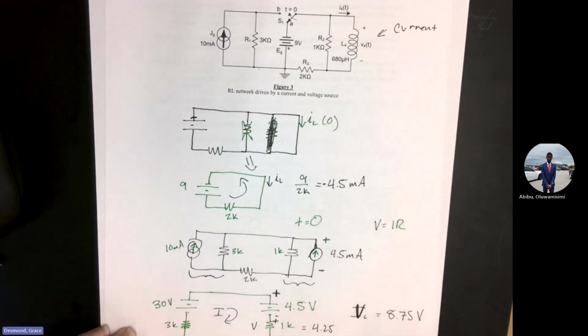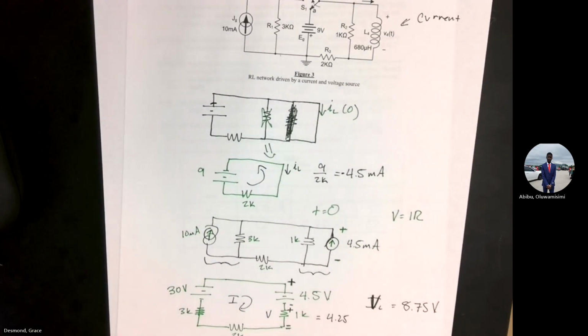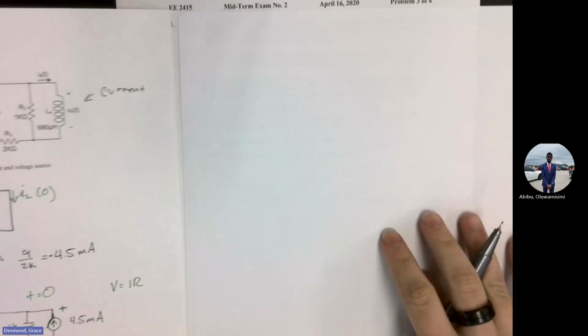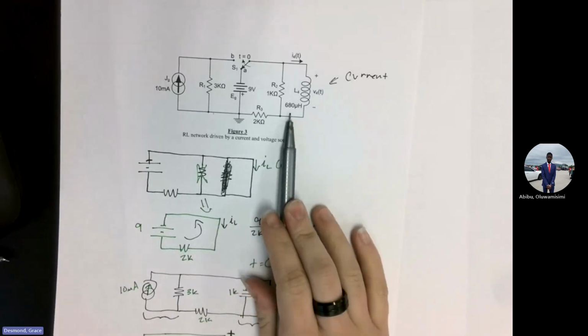We're gonna draw it again. Made a proper mess over here. So we're gonna redraw the circuit one more time at time equal to infinity, where the only difference between what we just did and time equal to infinity is that instead of a current source, this is a wire again.